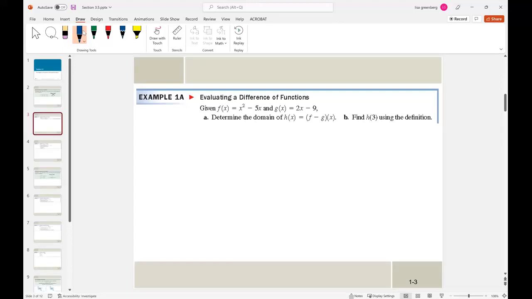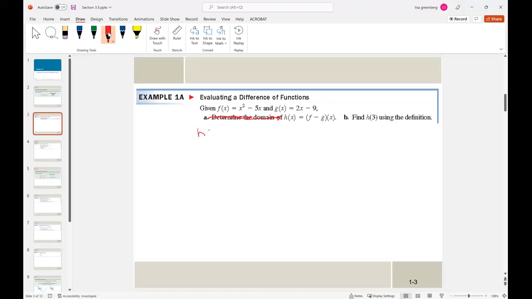So again, we don't care about the domain. It says determine the domain, but that's not what we're going to do. But it is telling me what h of x is.